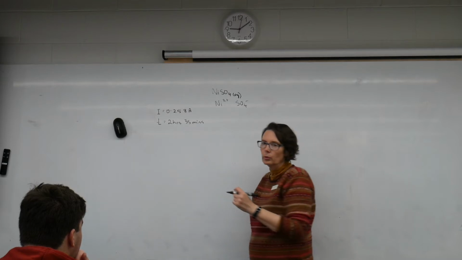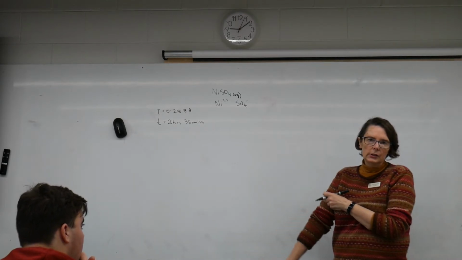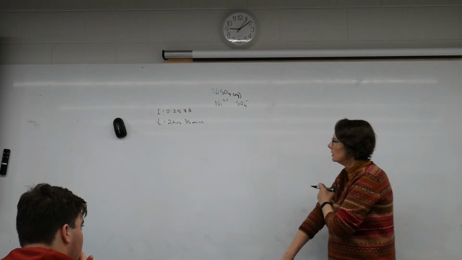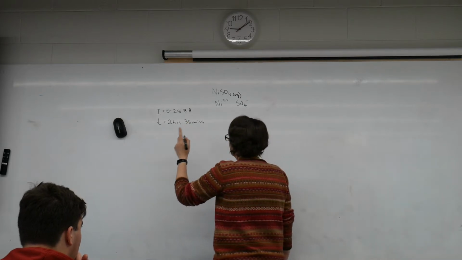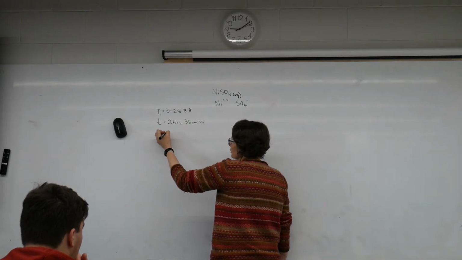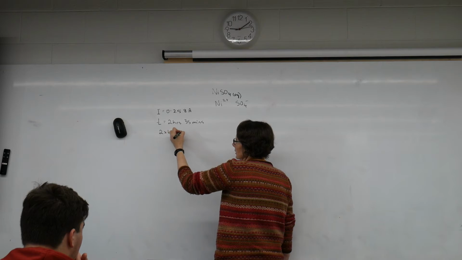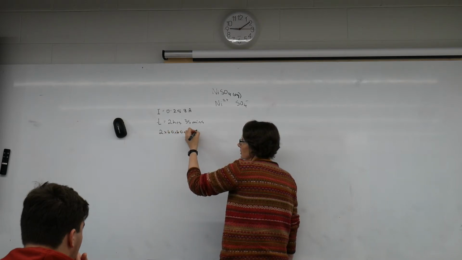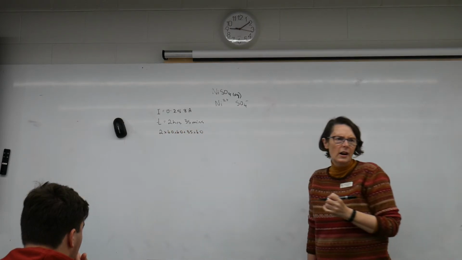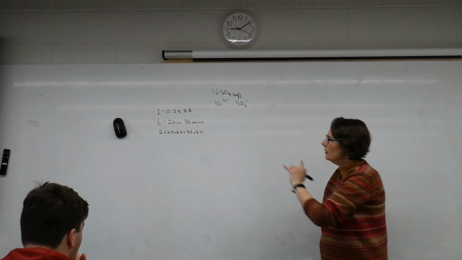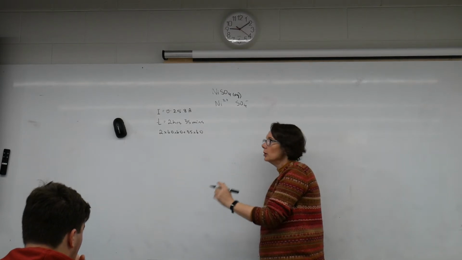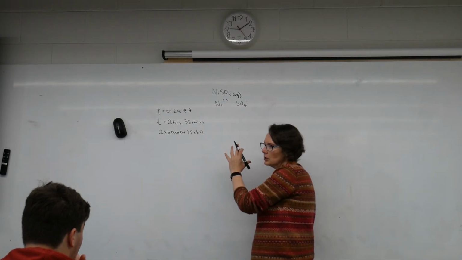So hopefully we all know that there are 60 minutes in an hour and 60 seconds in a minute. So I'm going to need, what, 2 times 60 times 60 plus 35 times 60. Is that right? Yep. Now you don't have to do that calculation separately. You can just shove all those numbers into the equation.